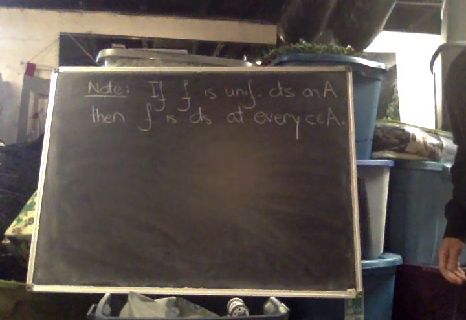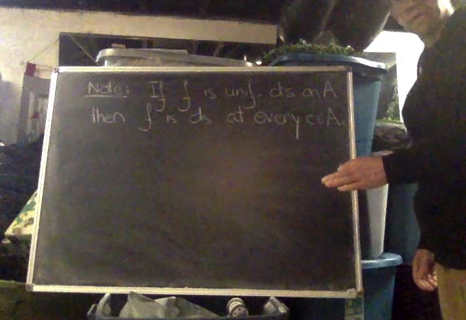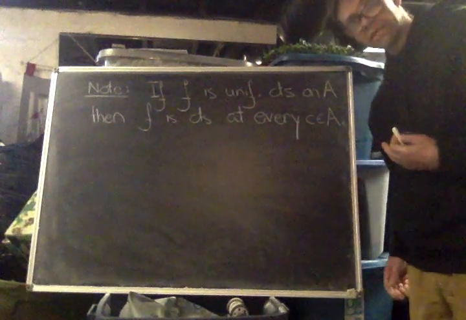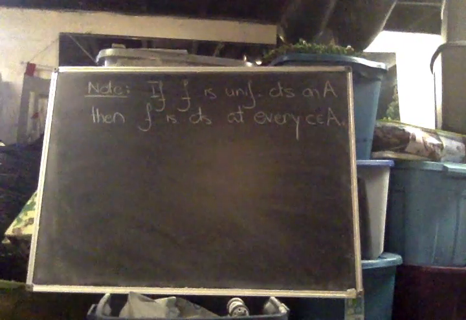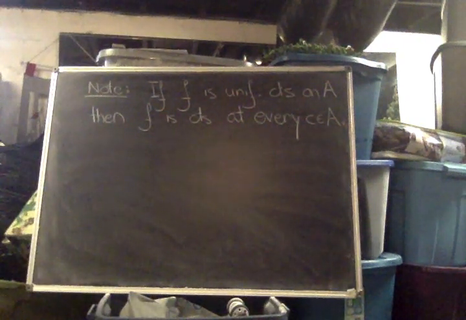So it does go one way. Uniform continuity implies continuity. Continuity does not imply uniform continuity, as we have just seen in the case of the function f of x equals x squared.